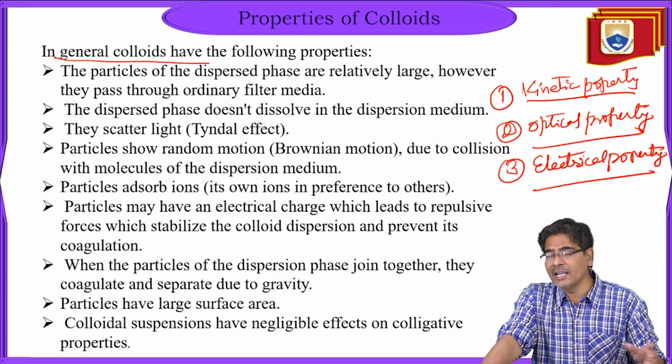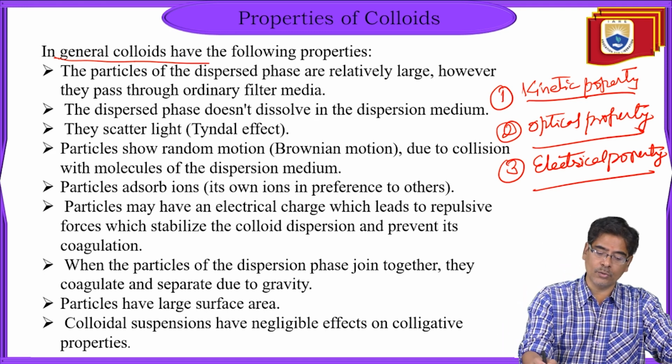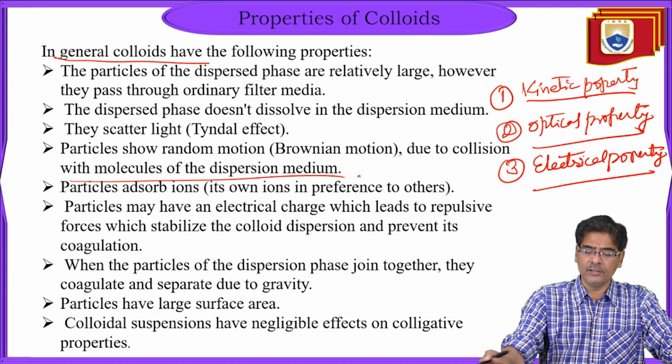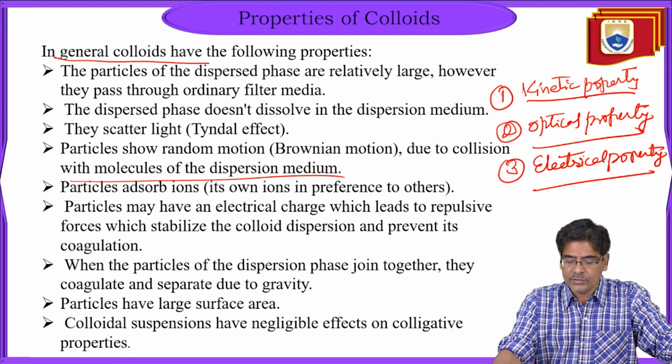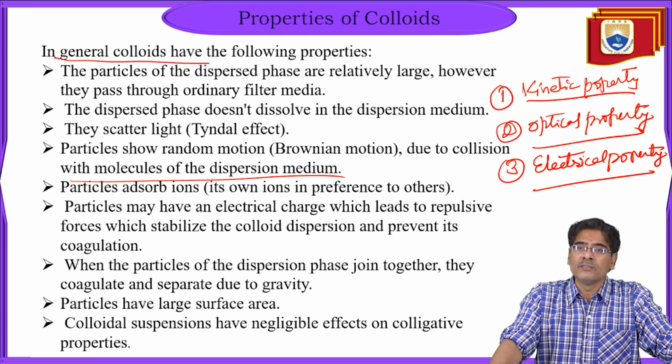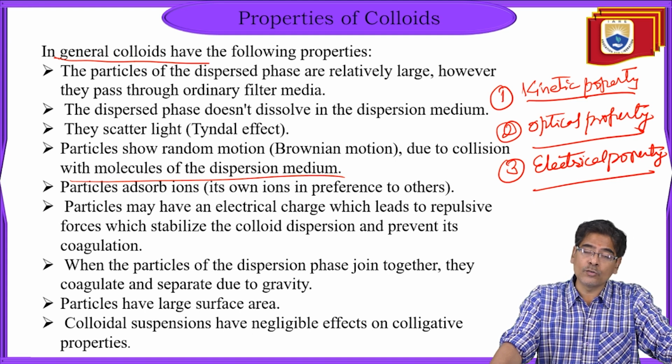They scatter light, the Tyndall effect. Particles show Brownian motion due to collision with molecules of the dispersion medium. Particles absorb some ions in preference to others, so particles have electrical charge, which leads to repulsive forces that stabilize the colloidal dispersion and prevent its coagulation.